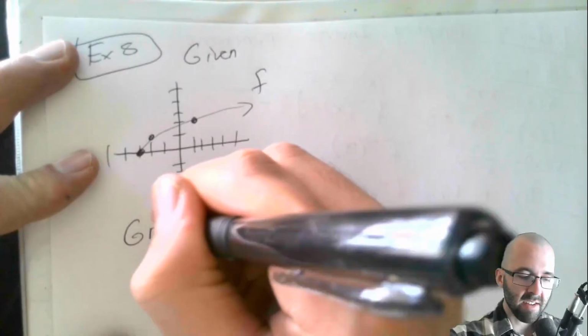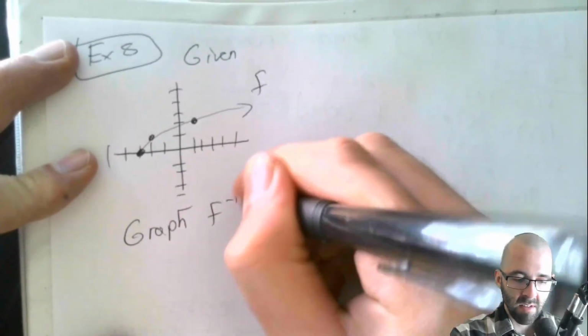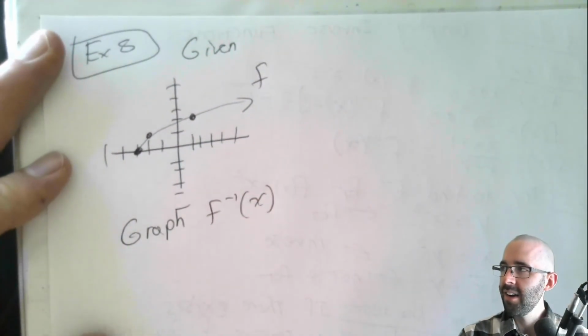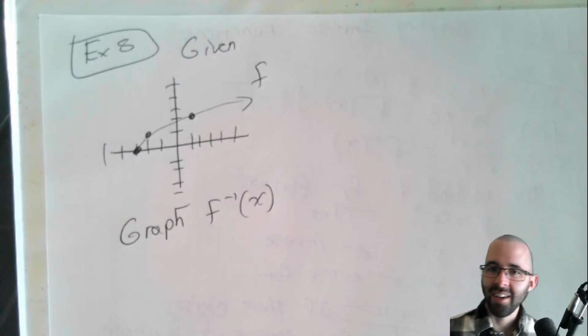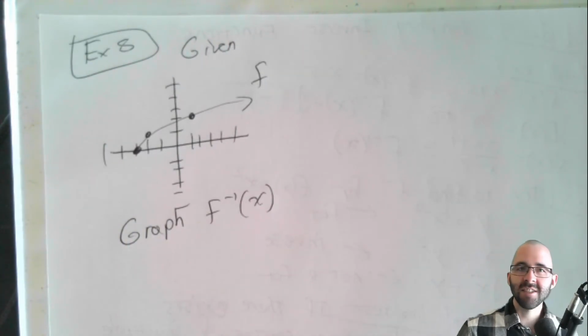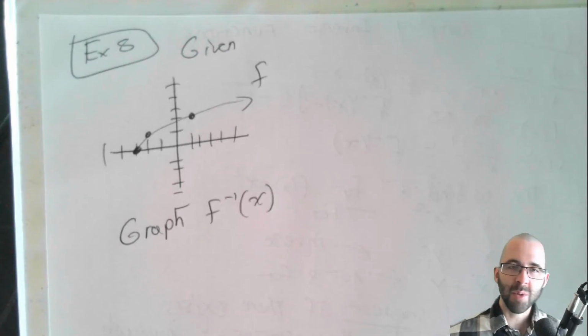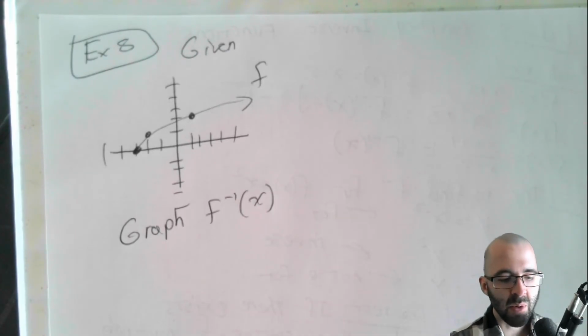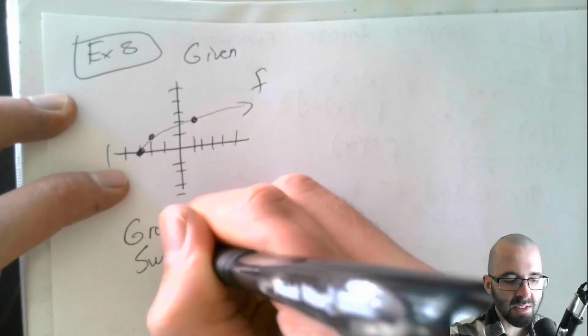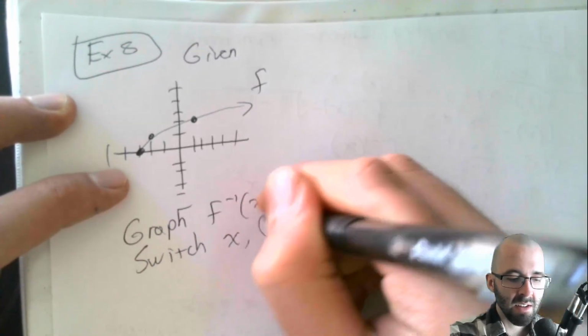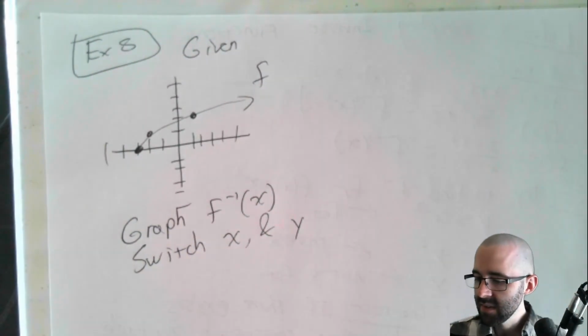Graph f inverse of x. So again, to find f inverse, you switch all the x's and the y's. And if we have a formula, we could solve for y. We don't have a formula, we have a graph. We're going to do it the same way. Switch the x's and y's.